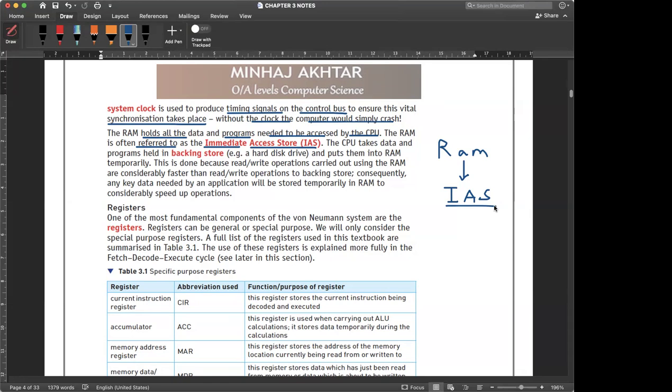Like right now, I'm using Microsoft Word, Acrobat Reader, Zoom, WhatsApp. Many applications are there. All these applications are stored where? They are stored in RAM, right? So RAM takes the data which is currently in use, but your answer is right. It takes the data on a temporary basis.